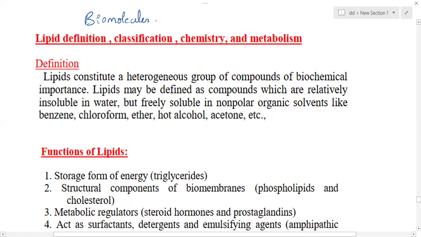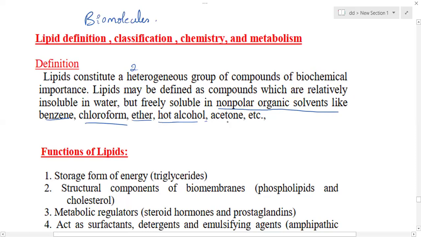So coming to a definition, lipids constitute a heterogeneous group of compounds of biochemical importance. Hetero means two, so there are two groups of lipid components. They have biological importance. Lipids may be defined as compounds which are relatively insoluble in water, but freely soluble in non-polar organic solvents like benzene, chloroform, ether, and hot alcohol.